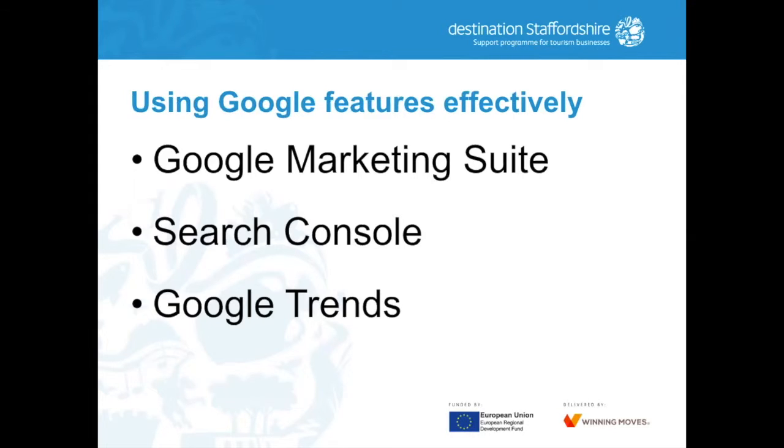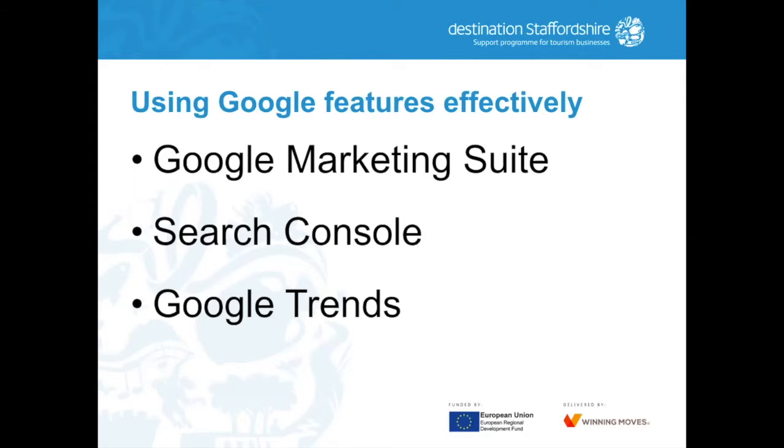You can search per country, so you might want to search in the UK only initially, unless you get a lot of overseas visitors, and you can search for keywords or phrases that are particular to you, to see how they are viewed on Google. Is it a trending topic?